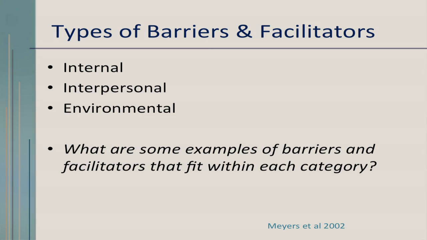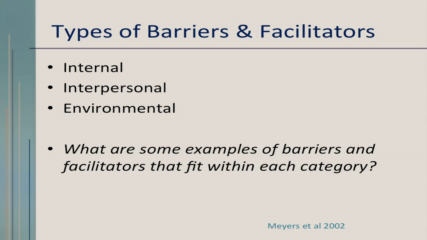So there are different types of barriers and facilitators to exercise, and this has been discussed in an article by Myers et al. We will discuss these barriers and facilitators at the internal, interpersonal, and environmental levels. Internal barriers and facilitators are the things that are unique to that particular person, the individual.